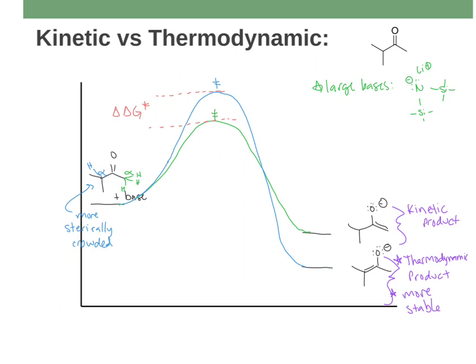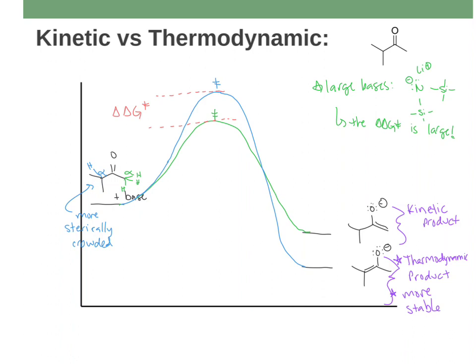So for large bases, the delta G double dagger is large. And it's large because it's so bulky that when it comes in to attack, that blue line is much, much larger. When it comes in to attack, its delta G is really big because it's large and it's going to bump into more things. It's more sterically hindered.